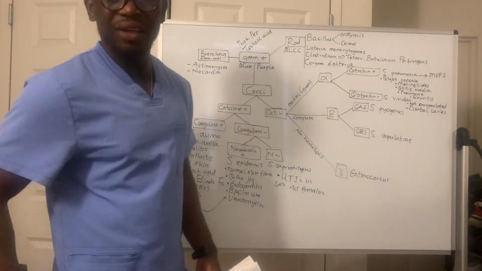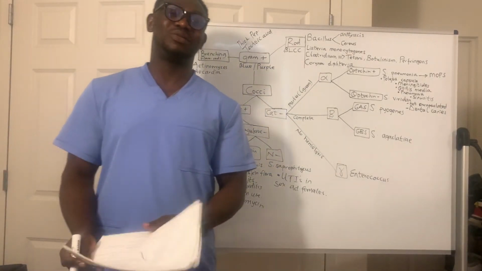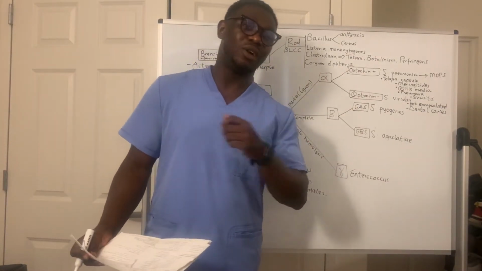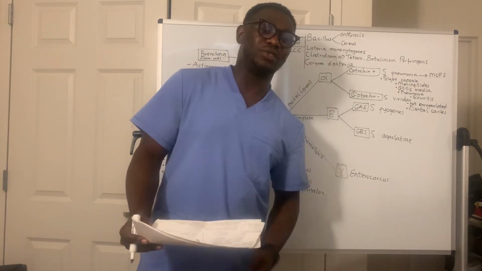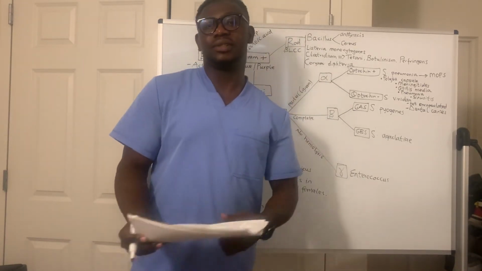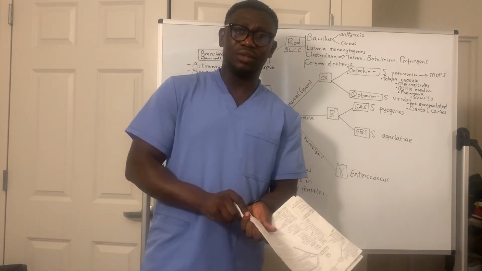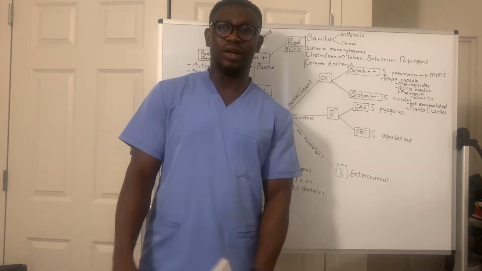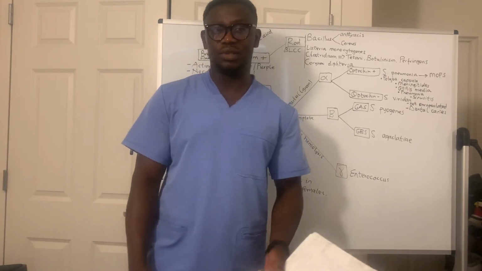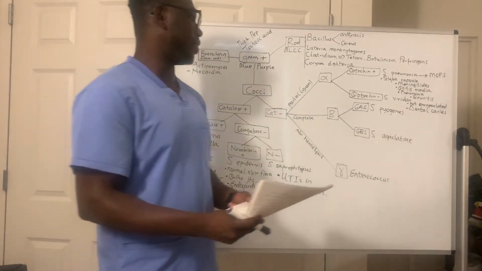If there is anything you want to know about the viridans group: optochin negative, dental caries. It's the same way you associate saprophyticus with UTI in sexually active females.